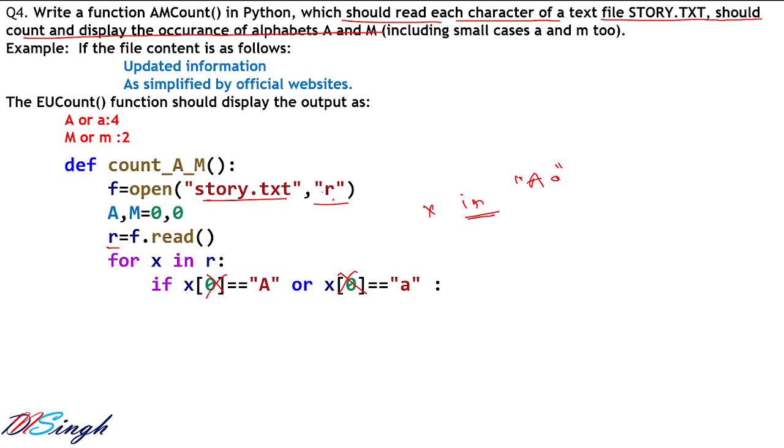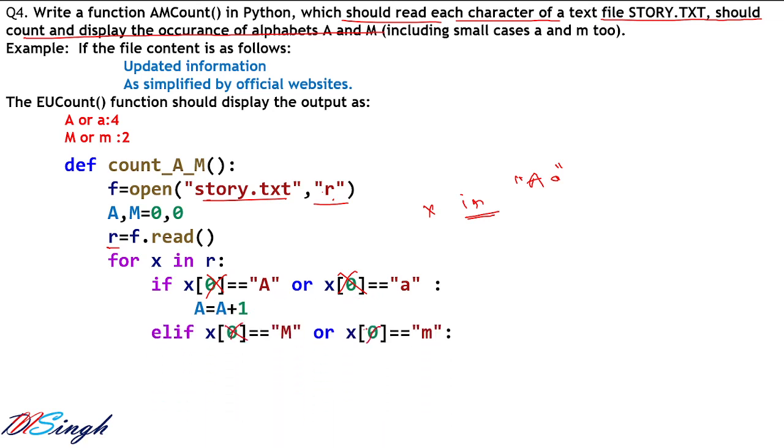Just write x, because r is just a string, and if I iterate over the string element by element, what will happen? A single character is going to come which can directly be compared with a, and the value of variable a will be incremented if either of these two conditions is satisfied.